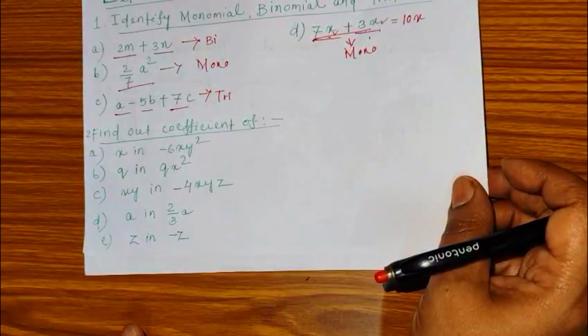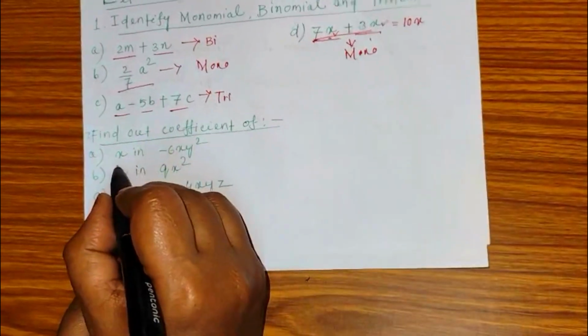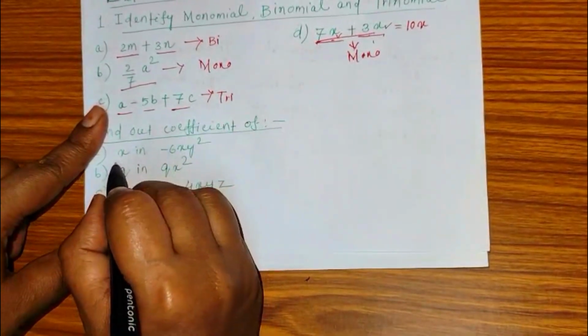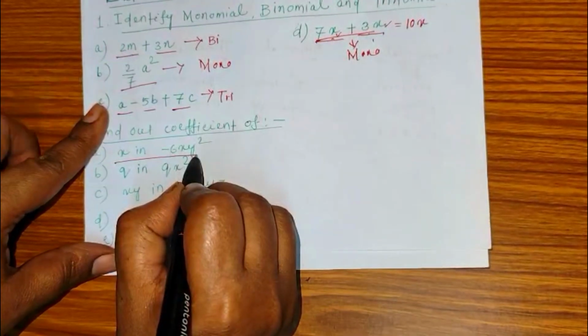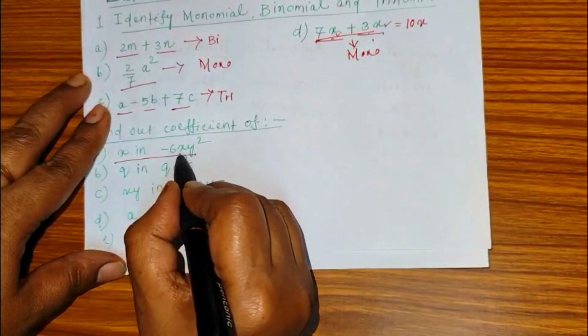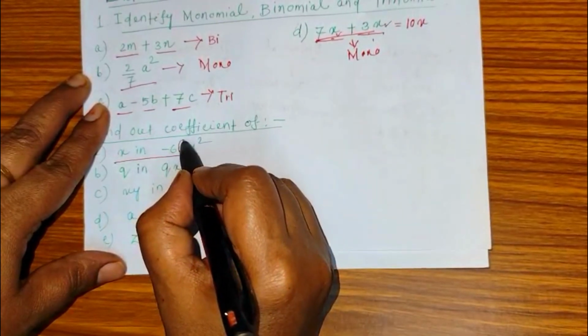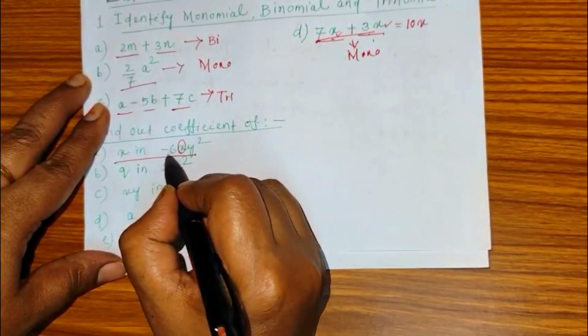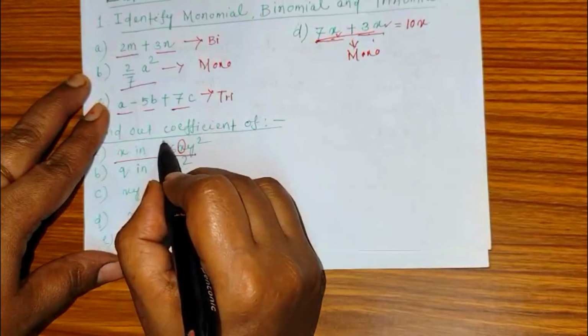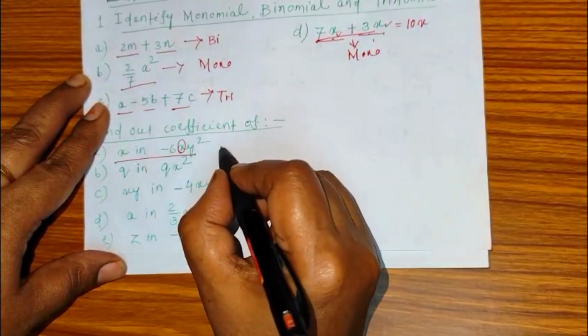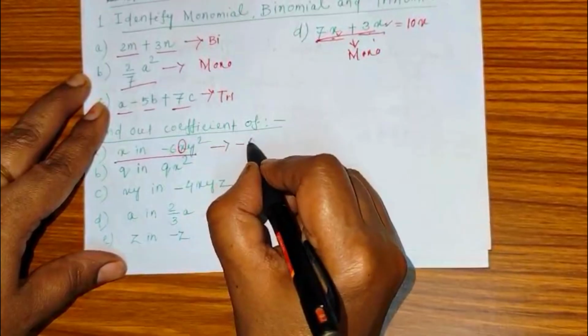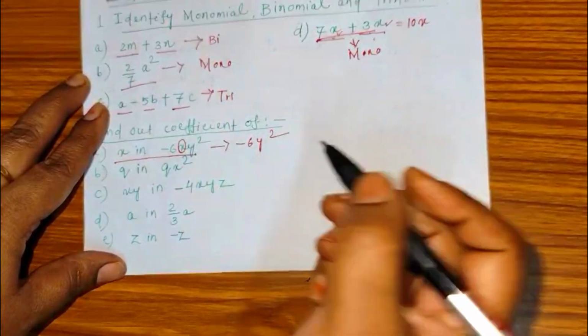Find out the coefficient of x in minus 6xy square. Okay. I said already before, other than x, whatever is left is the coefficient of x. So here it is minus 6y square.